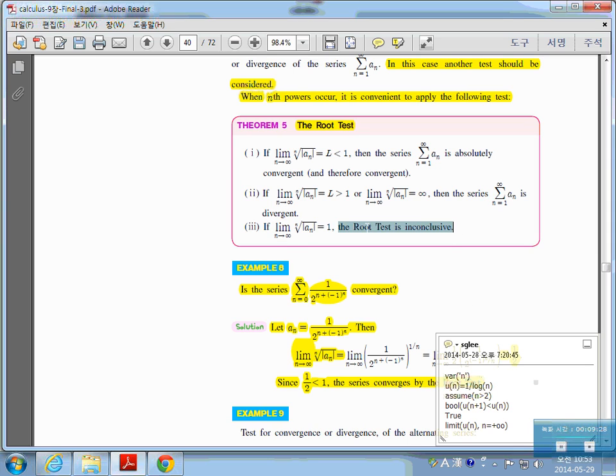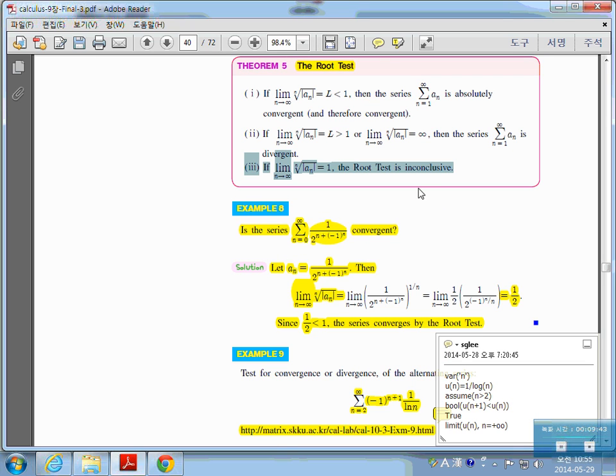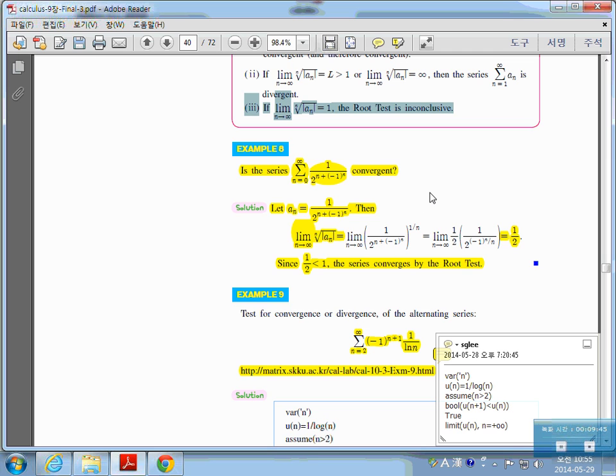So we have to use other tests to check for this case. So in case that you have the third case, then we can use other methods to check it.